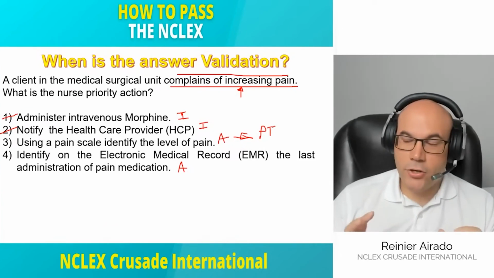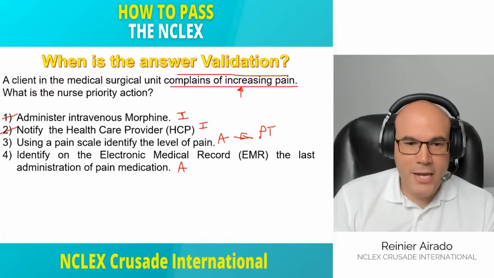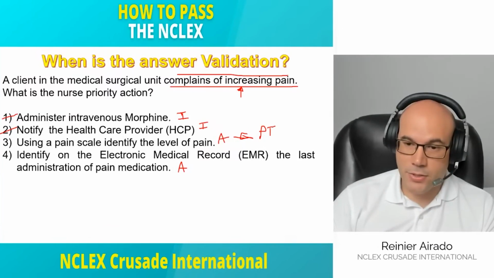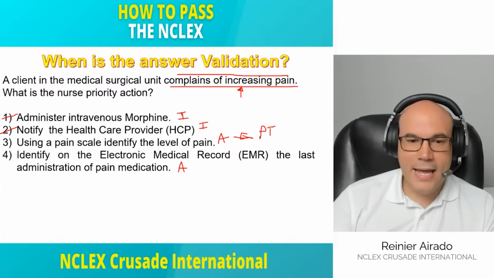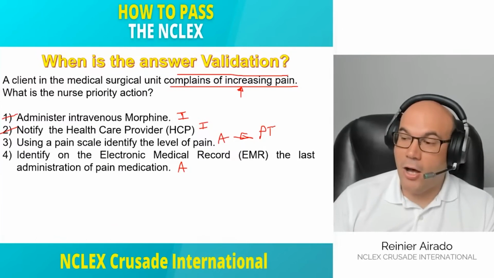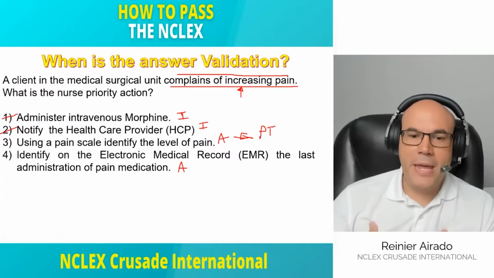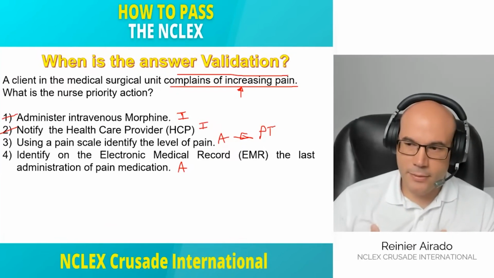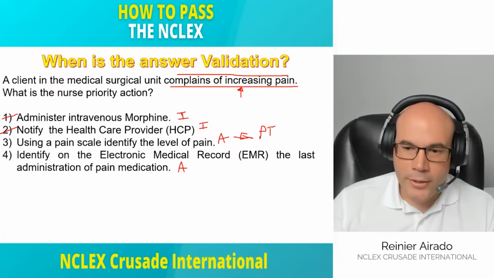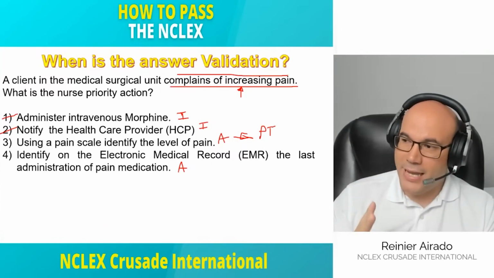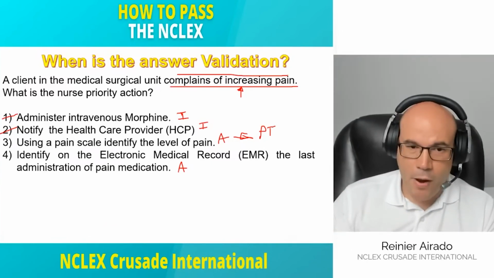So if you have an answer that includes the patient in the assessment, this is a very good answer. Why is that a very good answer? Because, one, it includes the patient and the patient feels comfortable being part of the treatment. His input is important. So that is one reason. Another reason, it validates the patient's problem.